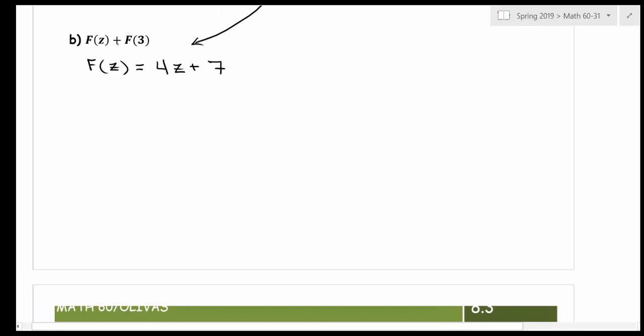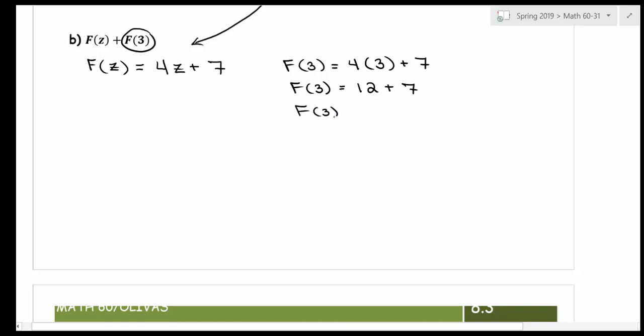I'm going to have to add f of z plus f of 3. I know what f of z is, but I don't know what f of 3 is. So let me go ahead and find f of 3. F of 3 is going to be 4 times 3 plus 7. So f of 3 is equal to 12 plus 7, so f of 3 is equal to 19.